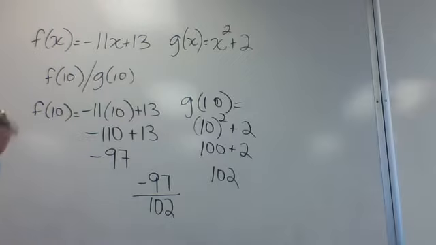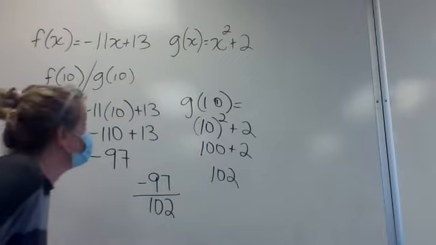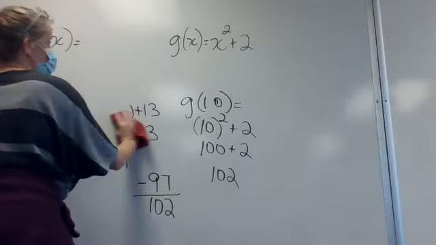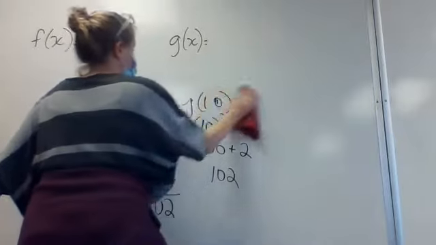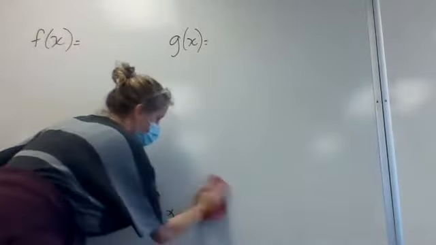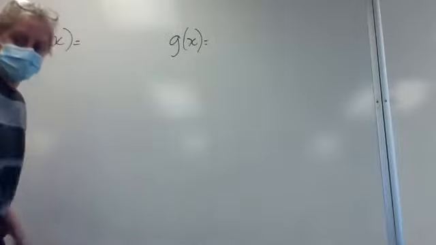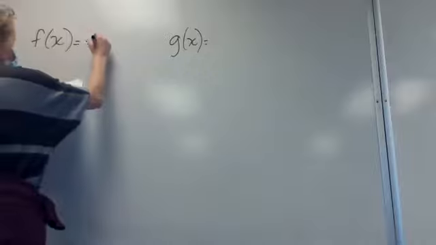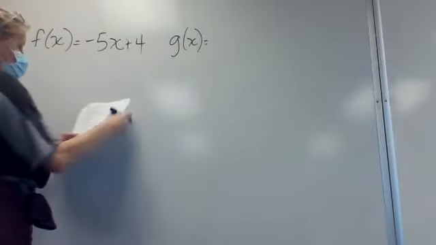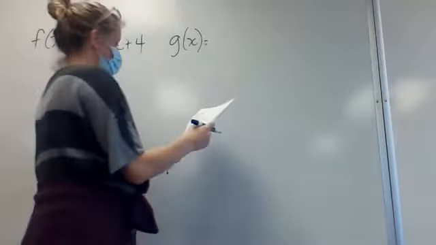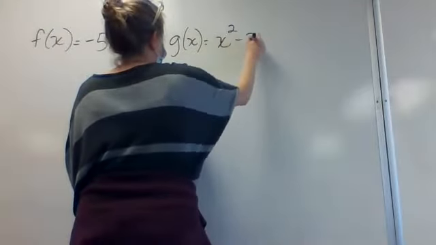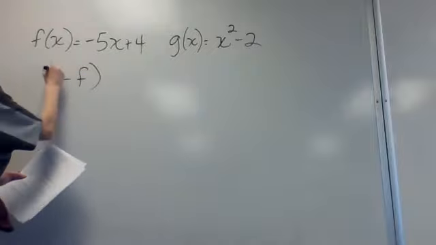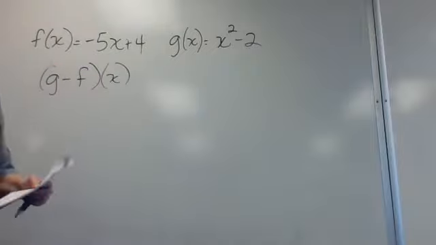Number 12. F of x is negative 5x plus 4. G of x is x squared minus 2. It wants me to find g minus f of x.